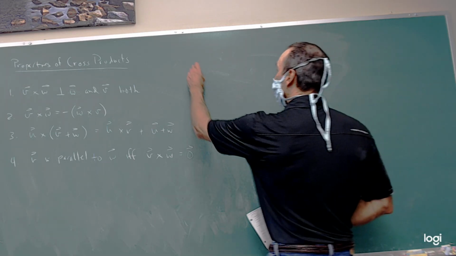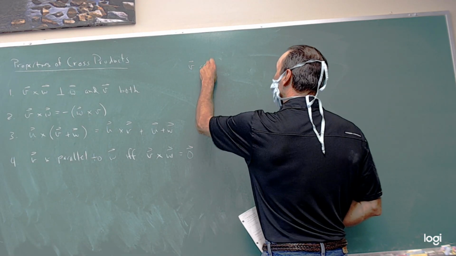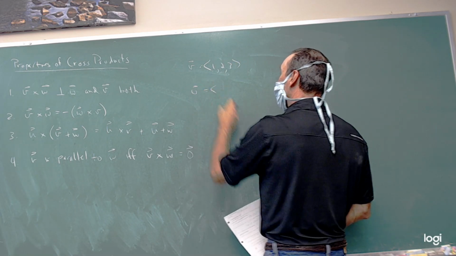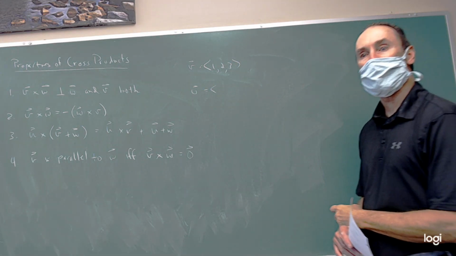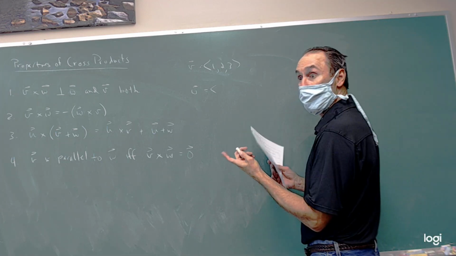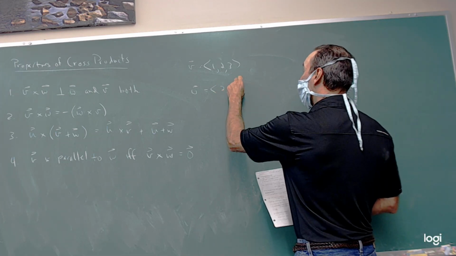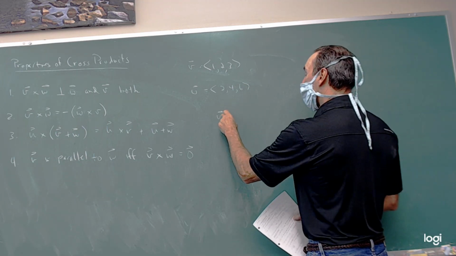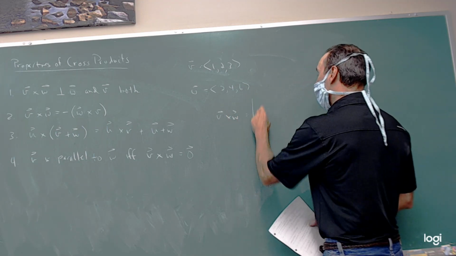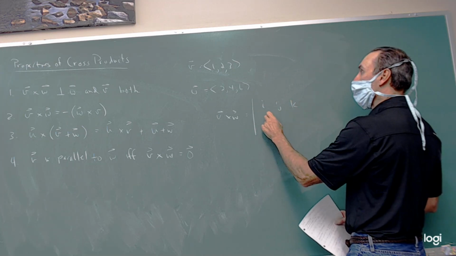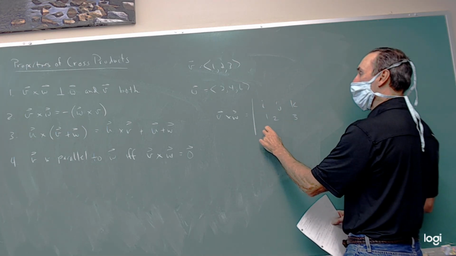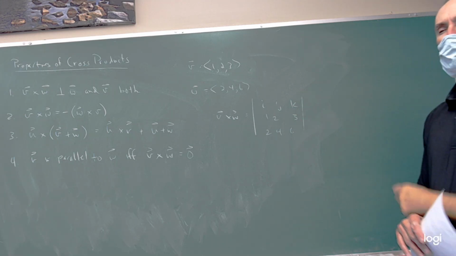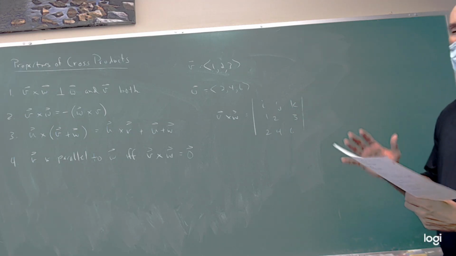So let's say that v is going to be the vector 1, 2, 3. And a vector that would be parallel to that, we could say is 2, 4, 6. Okay. Does that make sense? So v crossed with w would be i, j, k, 1, 2, 3, 2, 4, 6. Now, you remember we talked about this before? We haven't done very much with this.